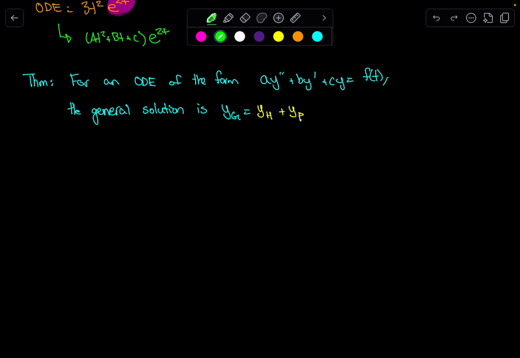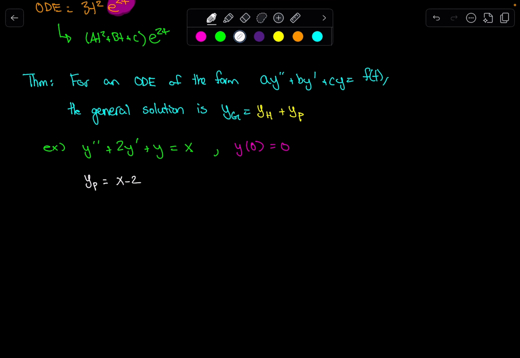And maybe to give you a practical explanation, consider this differential equation, y double prime plus 2y prime plus y is equal to x. There should be two initial conditions, but let me just give you one for now. You might notice that the particular solution of x minus 2 solves this differential equation.